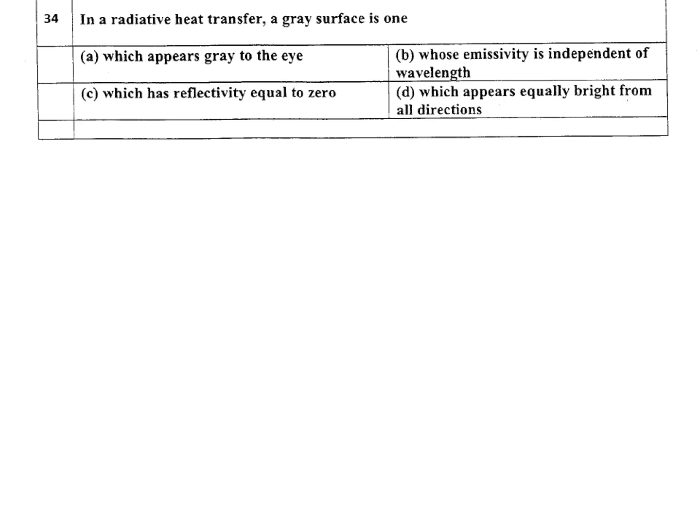In radiative heat transfer, a gray surface is one whose emissivity is independent of wavelength. Yes, this is correct. Gray surface, and three other bodies are important: black body, white body and opaque body.